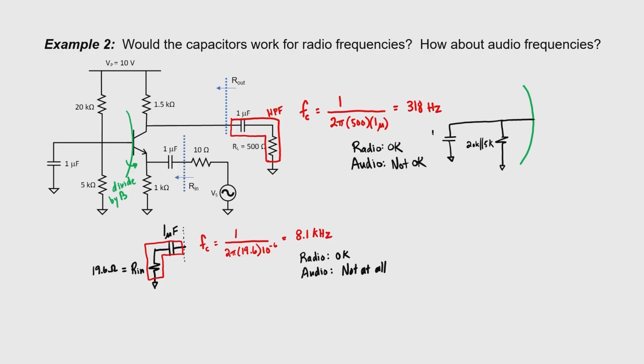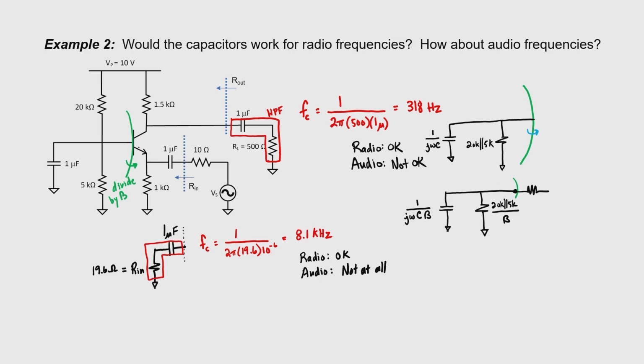Instead of writing 1 microfarad, I'm going to write down the impedance, 1 divided by j omega c. When we use impedance reflection, in order to move those impedances from the base side to the emitter side, we have to divide by beta, don't we? So how are they going to change? Well, the capacitor's impedance is also going to get divided by beta along with the other two resistors.